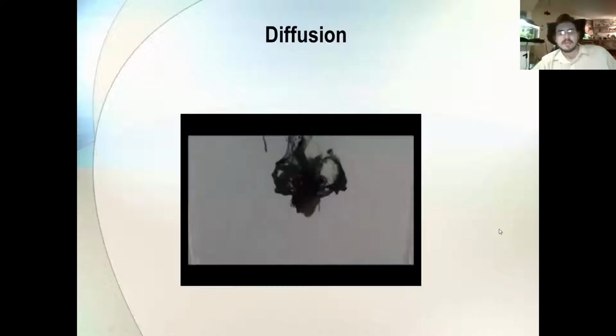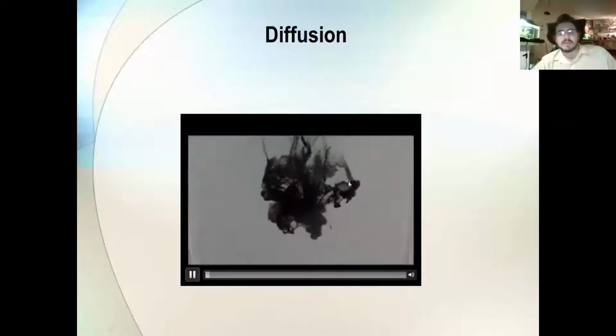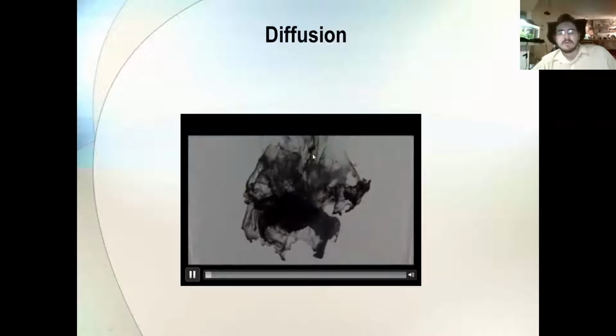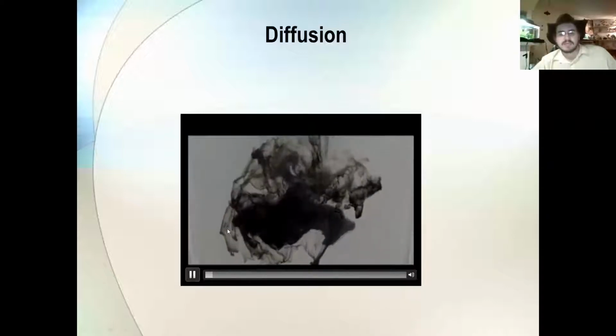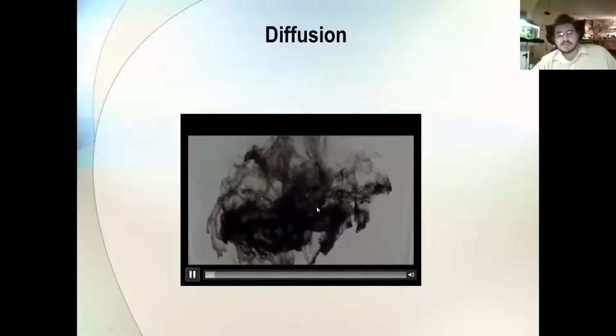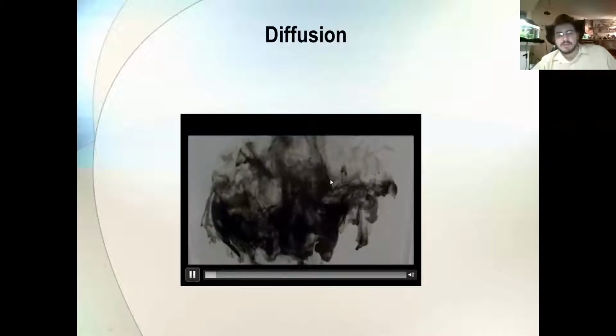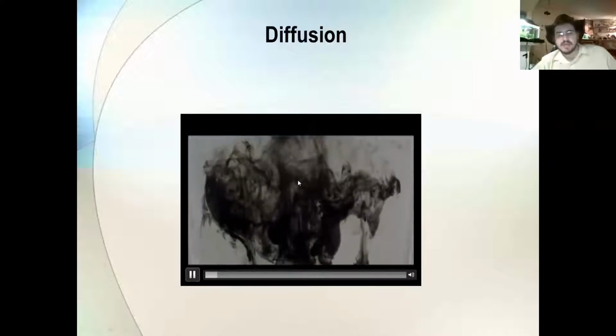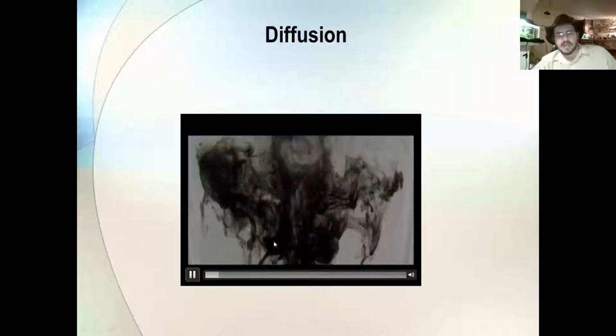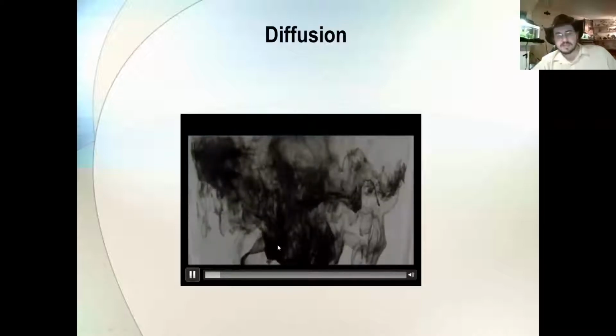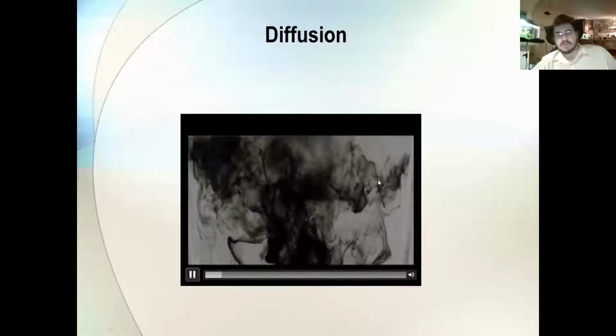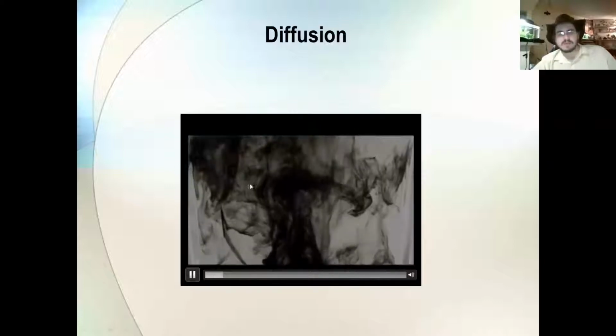So the ink is entering the water, and you're going to see all these little tendrils move in random directions. See that? And sometimes large amounts, we had it highly concentrated here, and they moved around, and suddenly it's highly concentrated here still, even though it's moving around. And then over here we've got things moving in random directions.